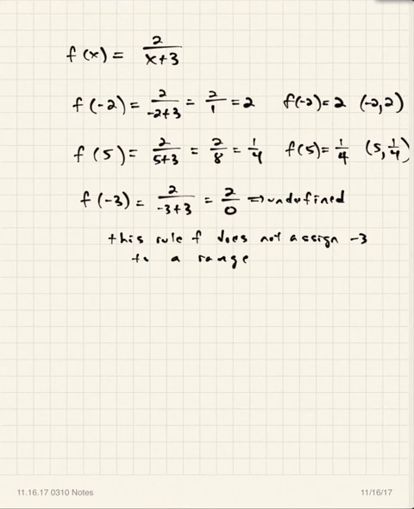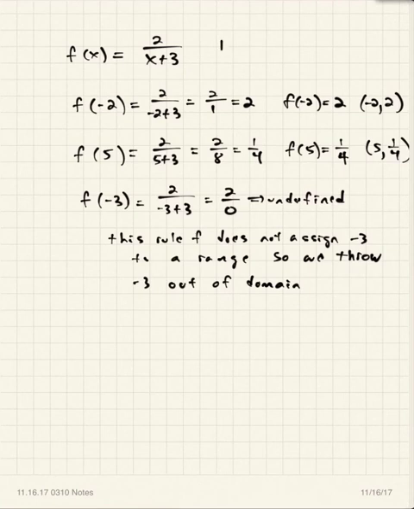So what did we do with Bob? We threw him out of the domain. This is exactly what we're doing with negative 3. This rule f does not assign negative 3 to a range, so we throw negative 3 out of the domain. We toss it. And so the domain for this function ends up being everything except negative 3.